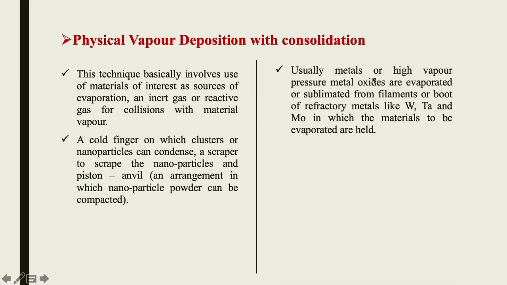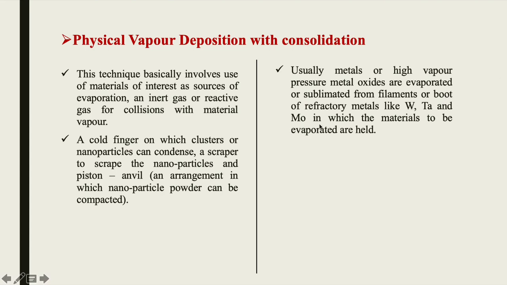Usually metals or high vapor pressure metal oxides are evaporated. Generally there are some metal oxides that are used and evaporated, with high vapor pressure. Or you can directly sublimate from filaments or boats of refractory metals like tungsten, tantalum and molybdenum.